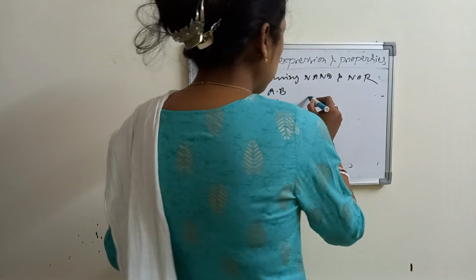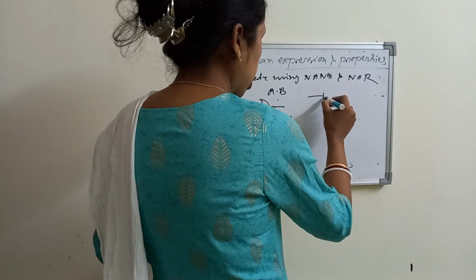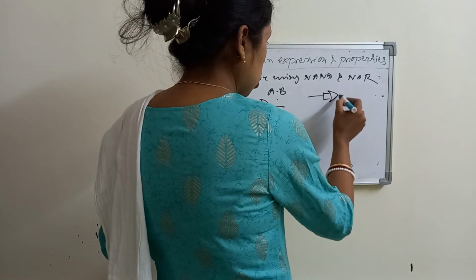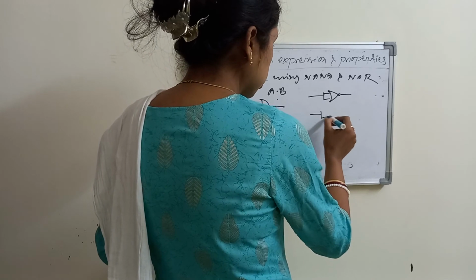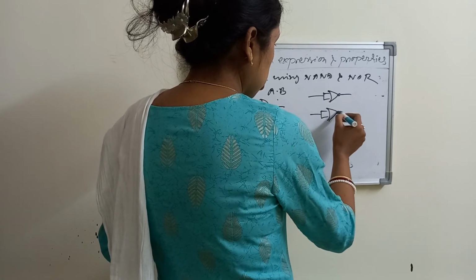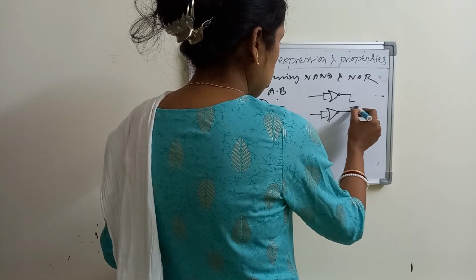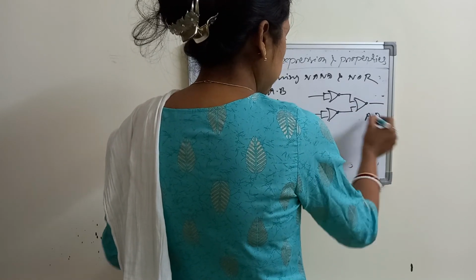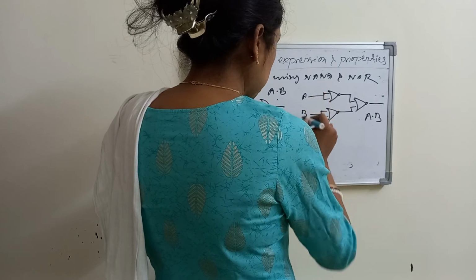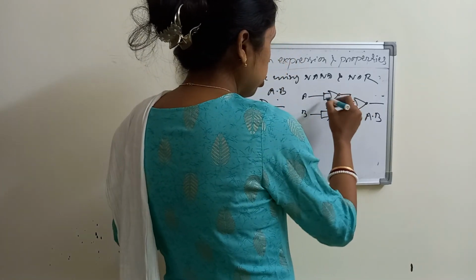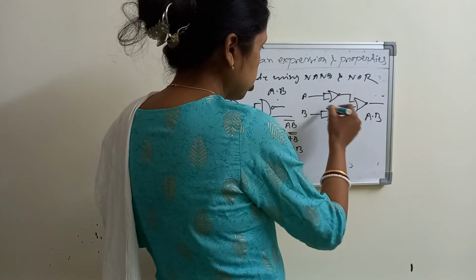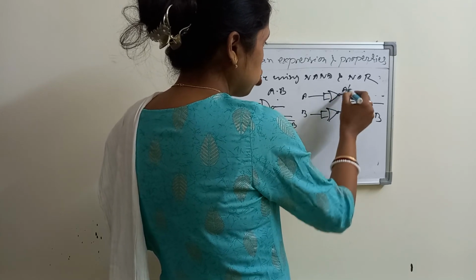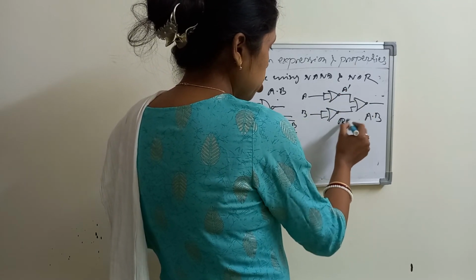Now if you want to use the NOR gate, how will we use it? You have to do it this way. Here we will get AB. Right? I'm just checking. If this is a NOT gate, you can see this is a NOT gate, so that means this will be A prime, this will be B prime.